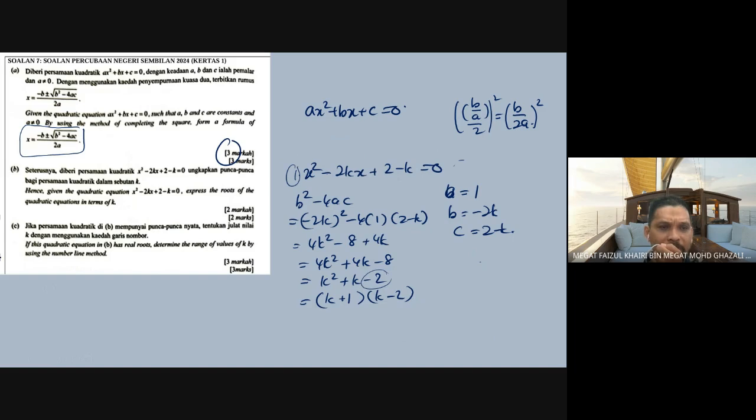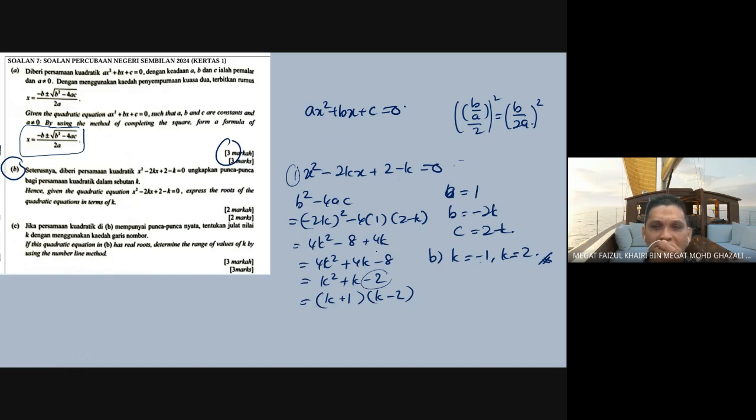For question B, express the roots of the equation. So the roots are k equal to negative 1 and k equal to 2. This is for B. But then for question C, from the quadratic in B, mempunyai punca-punca nyata.